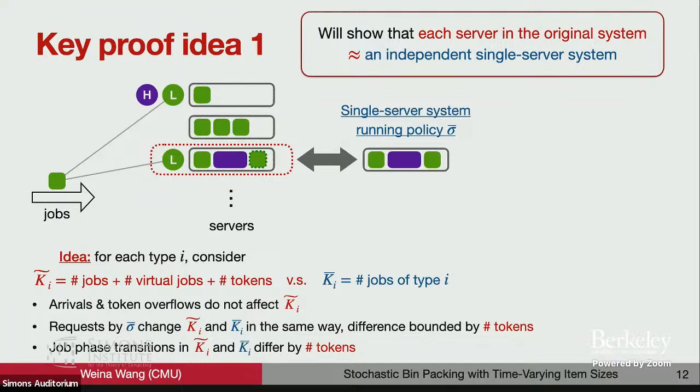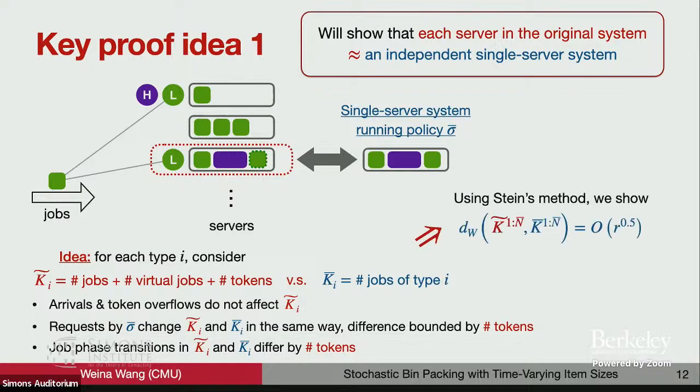Now we can basically show all the dynamics are similar between those two systems, and we use a technique called Stein's method to show that in steady state the distributions of them are similar to each other.